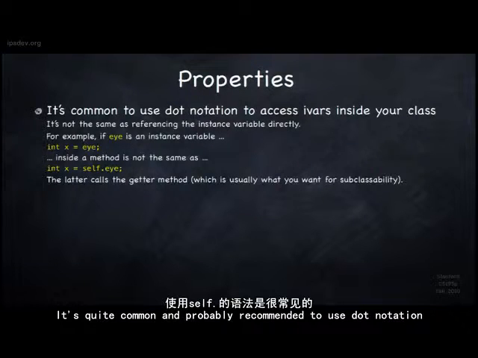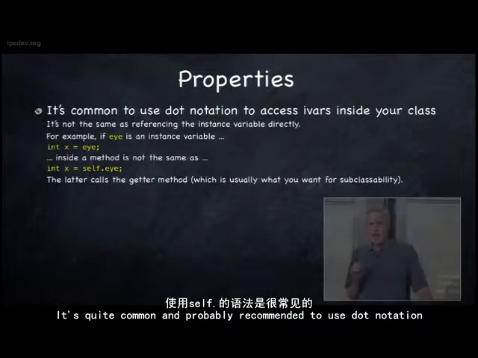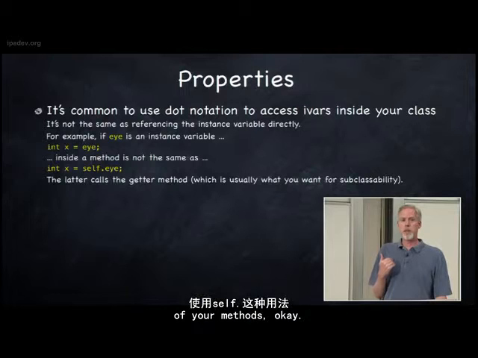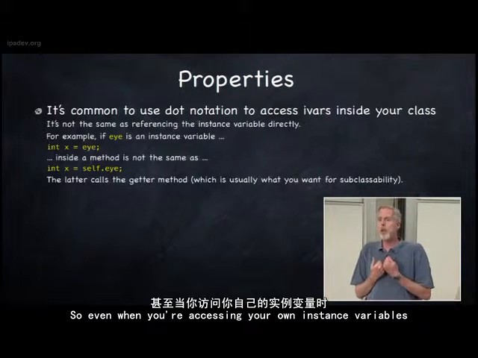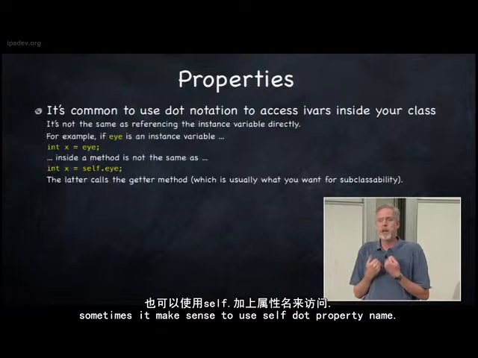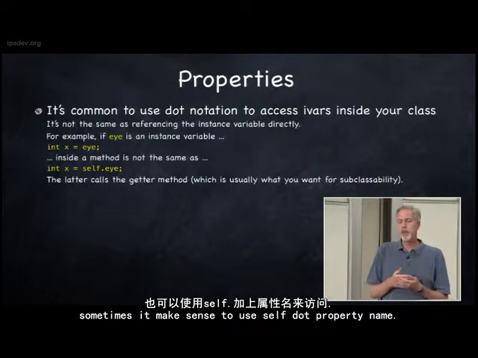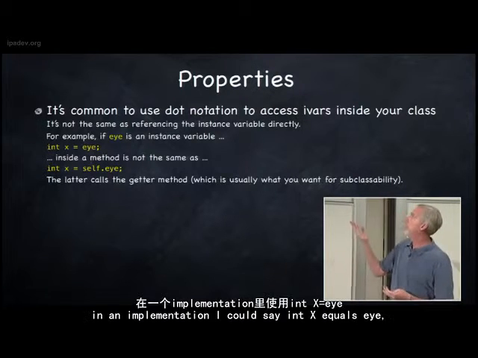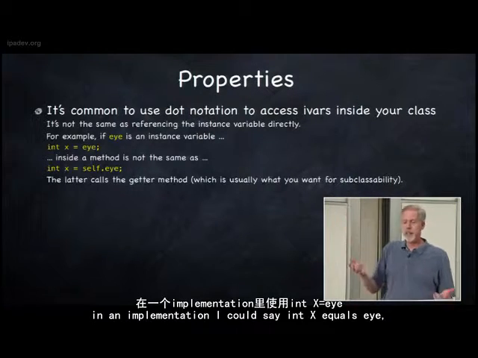It's quite common and probably recommended to use dot notation with self inside the implementation of your methods. Okay? So even when you're accessing your own instance variables, sometimes it makes sense to use self dot the property name. So, for example, in an implementation, I could say int x equals i.